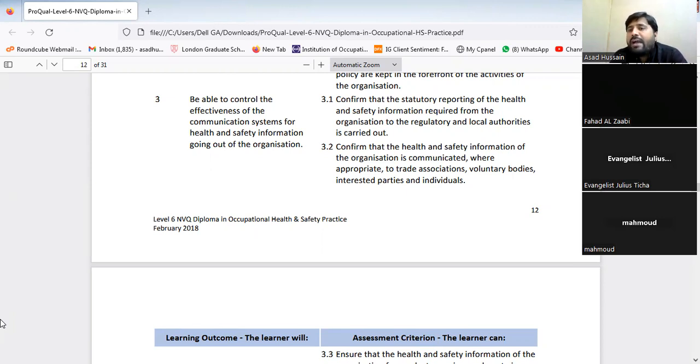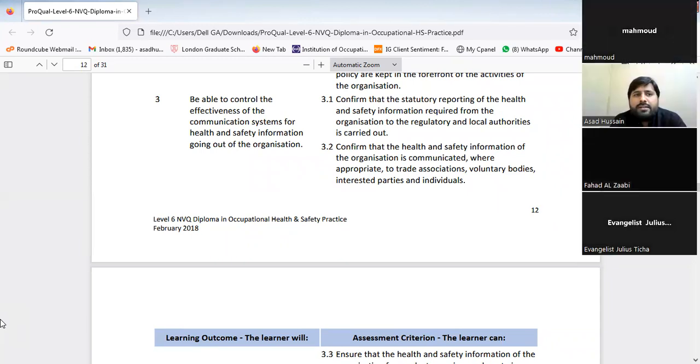You have to report externally the effective information, not the rough or irrelevant information. You always have to share the relevant, appropriate information with these external authorities. Then 3.2 is asking to confirm. Yes, Mahmoud.